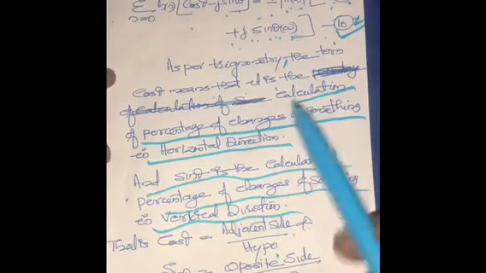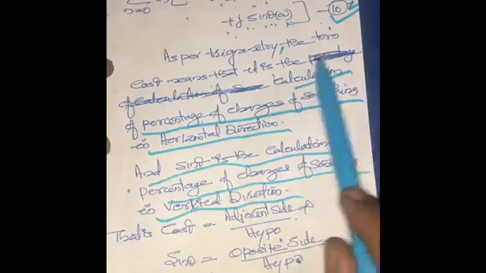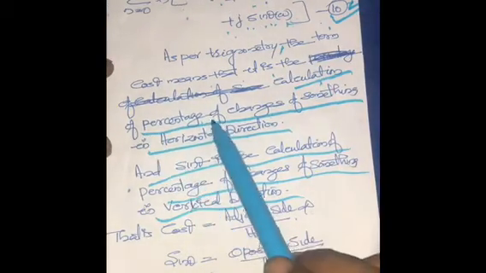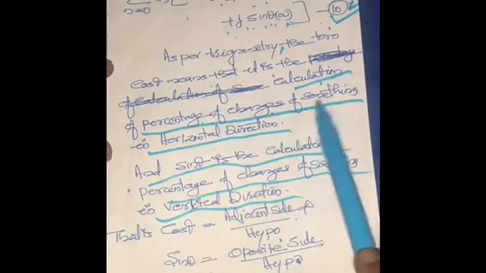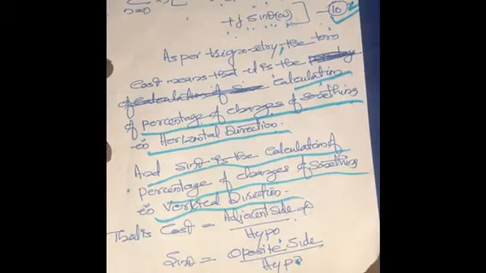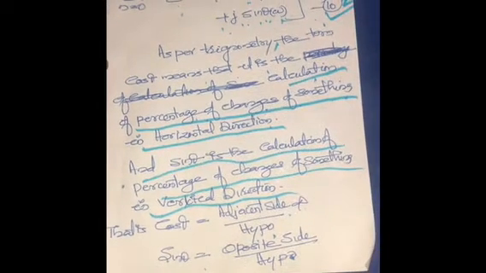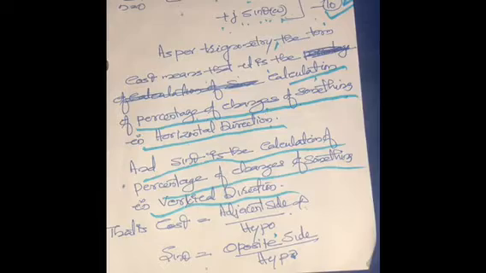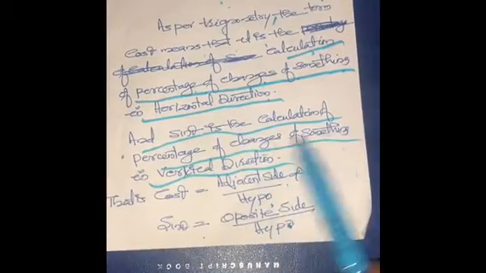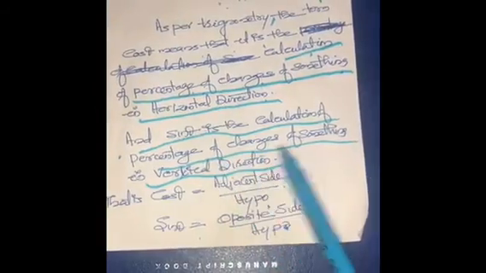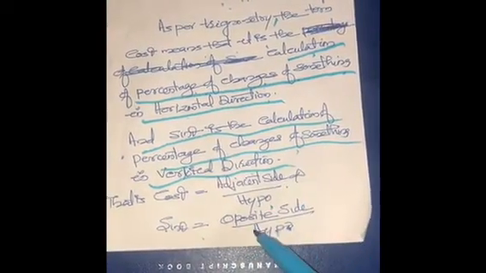As per trigonometry, the term cos theta means that it is the calculation of percentages of changes of something in horizontal direction. That is, percentages of changes of something in horizontal direction is known as cos theta. And sin theta is the calculation of percentages of changes of something in vertical direction.